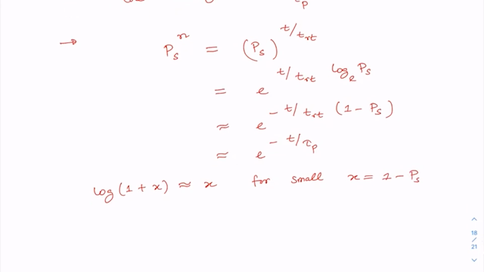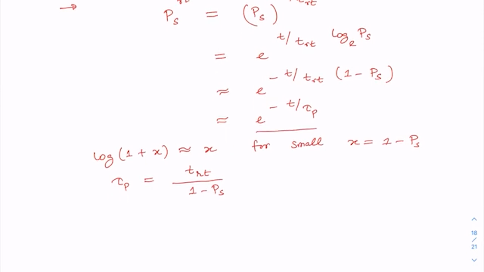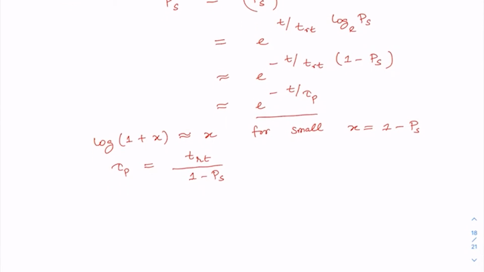So the photon lifetime is the round trip time divided by 1 minus ps. Using this, I see that the energy loss is exponential in time, and it has a loss rate of 1 by tau p. So this way also we see that the energy loss rate is 1 by tau p.